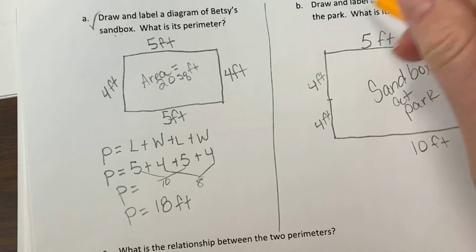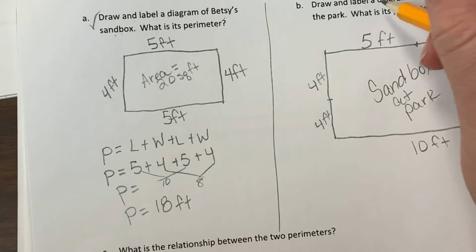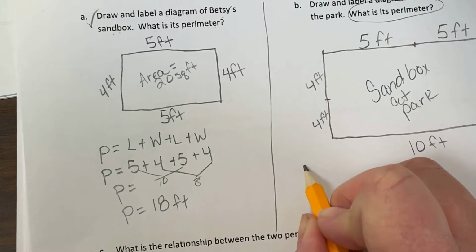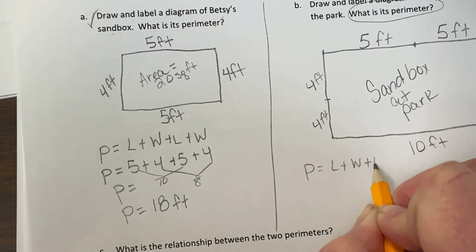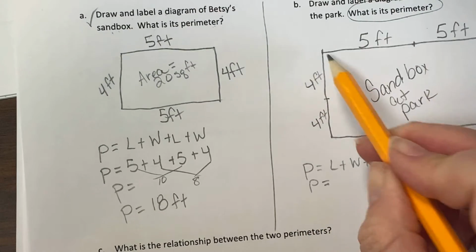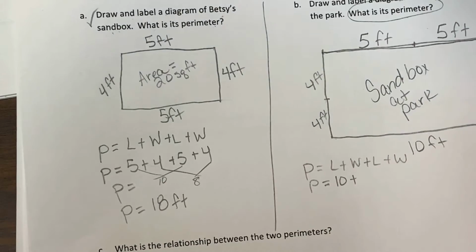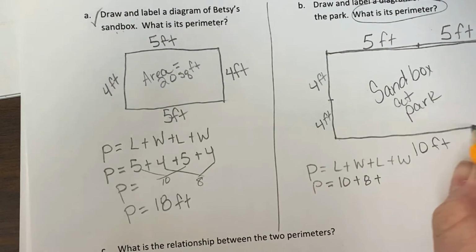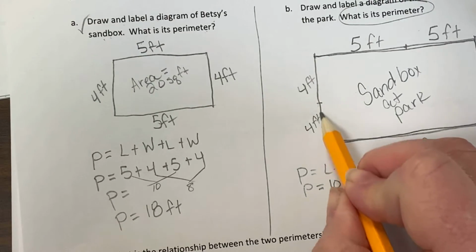So I drew and labeled the diagram, but I have not answered what is the perimeter. Perimeter equals length plus width plus length plus width. So my perimeter is going to be, if I start here and go this way, 10 plus 8 plus 10 plus 8.